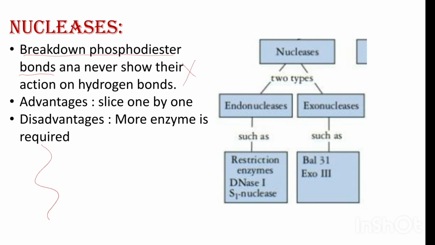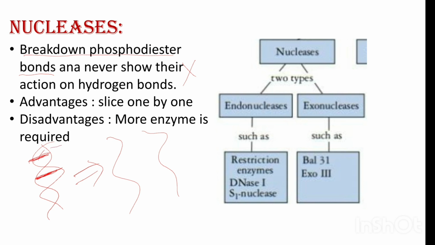For example, if we take a double stranded DNA, it is never made into a single stranded DNA, because this is the position where hydrogen bonds are present between the two strands. So I have told you that nucleases act on phosphodiester bonds and never on hydrogen bonds.